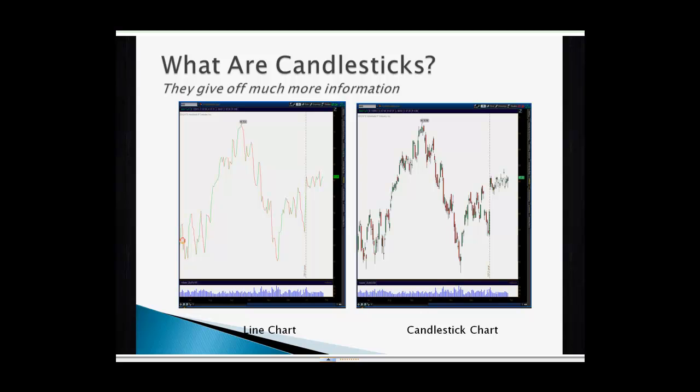Just quickly giving you an idea of what a candlestick chart looks like versus a line chart. On the right-hand side, I have a candlestick chart, on the left-hand side a line chart, and you can see quite obviously there's a lot more happening in the chart on the right. It may seem a little choppier, but you also have a lot more turning points that are visually more obvious than in the line chart.